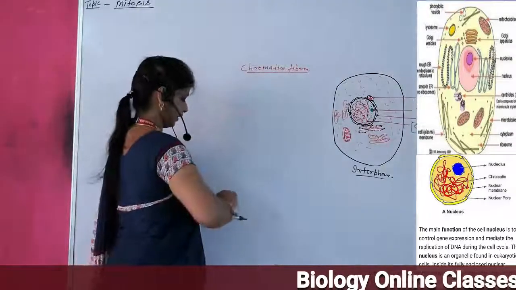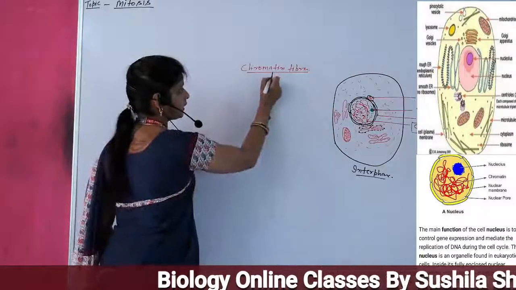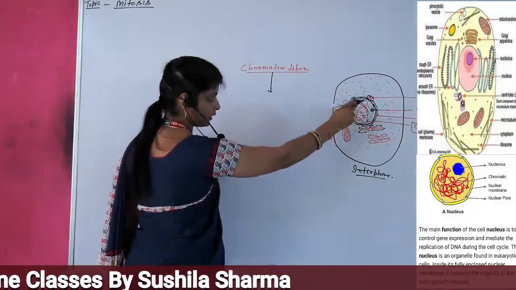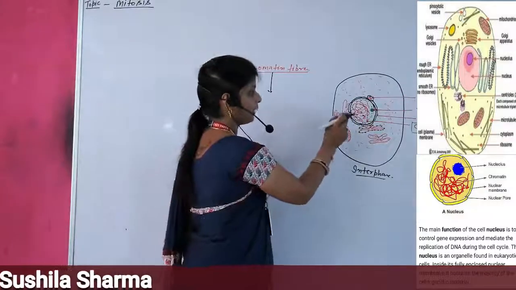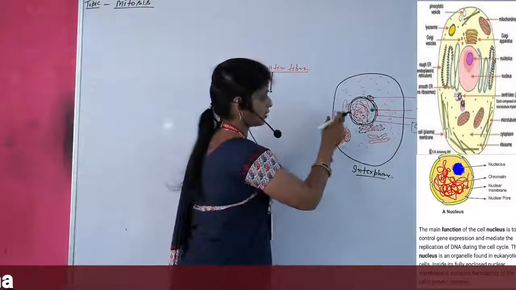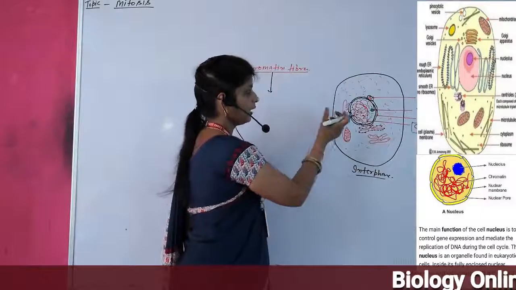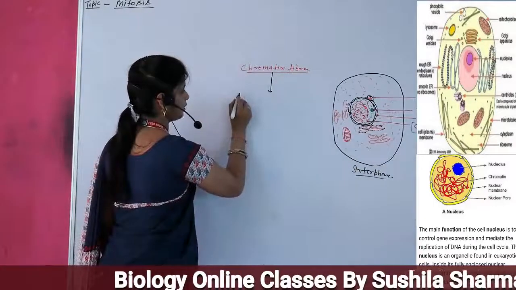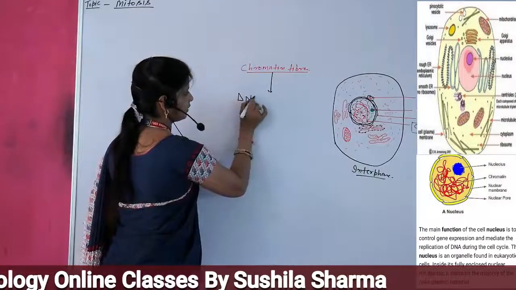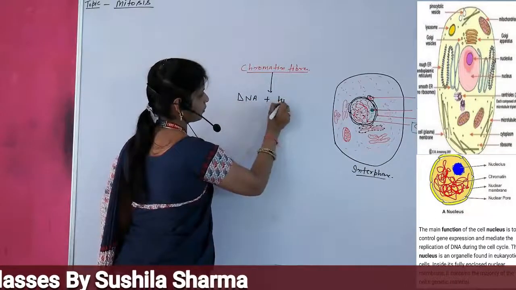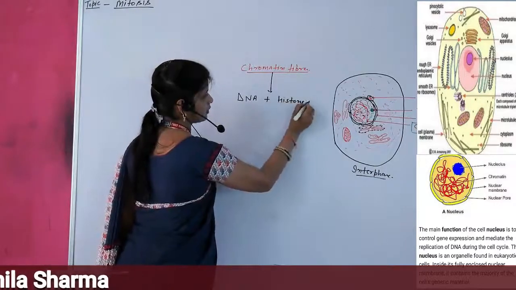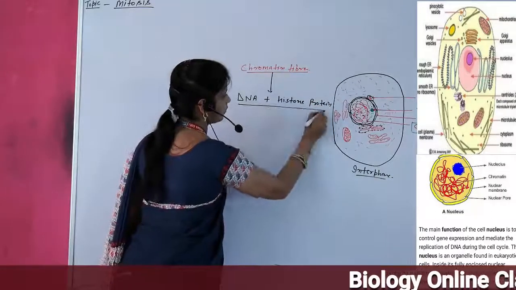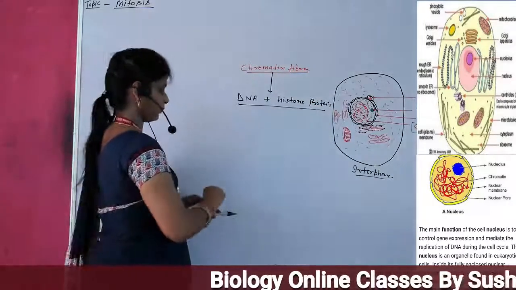Chromatin fiber is a thread-like structure which is present inside the nucleus, and it appears like string beads, मोतियों की माला, and it is formed by a combination of DNA plus histone protein. Chromatin fiber is formed by DNA and histone protein.